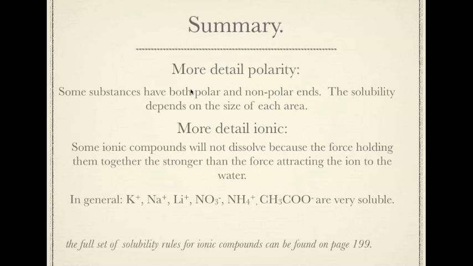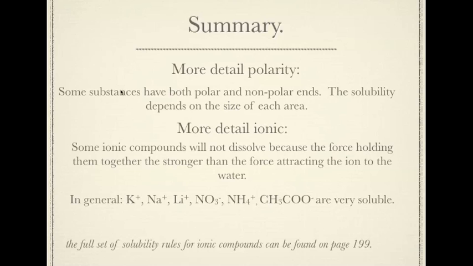If you have a substance that has an OH, for instance an alcohol, with a really long chain of carbons and just one little OH at the end, it's going to have a very large non-polar end, which is the long chain of carbons, and a polar end, which is the last little OH bit there. The solubility depends on the size of each area. If you have a large non-polar end and only a slight polar end, it's probably not going to dissolve, because you need polarity for it to dissolve.